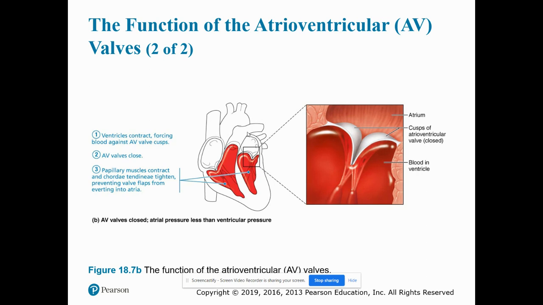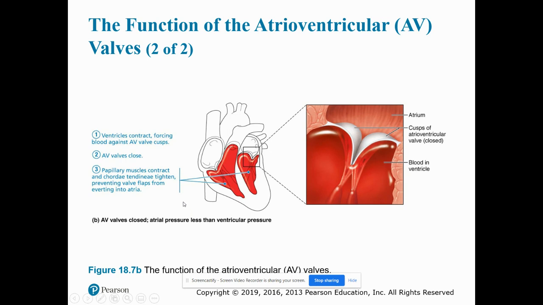Then the ventricle will contract, and when the ventricle contracts, the AV valves will close. You can see this is closed, and this is going to prevent blood from flowing back into the atria. This is what you would see, something like this. It's going to be closed.